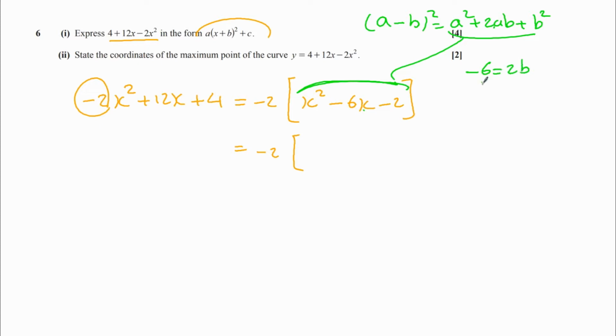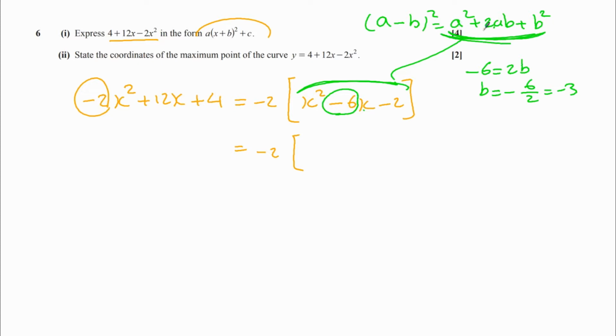Or in a way, b would be equal to minus 6 divided by 2, which is minus 3. So just to remember, the coefficient of x that we see in here, if we divide that by 2, we get b, and we need to add b squared and take b squared out to make a completing square.